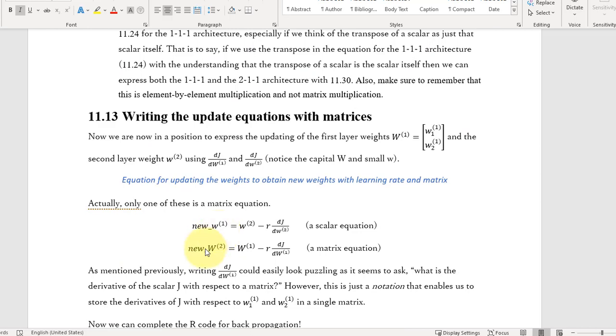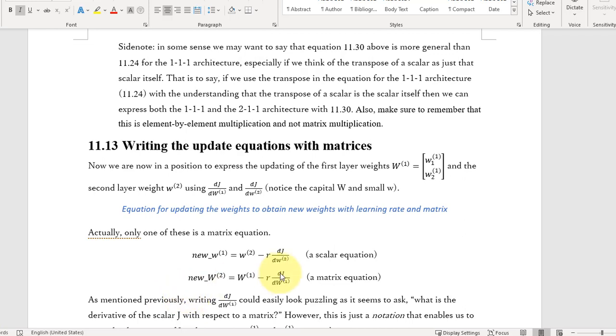And so we can write, how are we going to update W2? This is the same way that we did it before. Oh, sorry, this is a pretty bad error here in the text. This actually should be 1, and this should be 2, because 1 is the one with the matrix, and 2 is the one without the matrix. So this was the new W2, the one closer to the right-hand side, closer to J, and that's not a matrix equation.